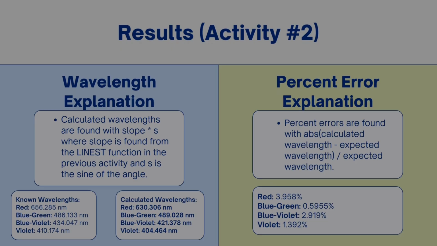Our calculated wavelengths were 630.306 nanometers for red, 489.028 nanometers for blue-green, 421.378 nanometers for blue-violet, and 404.464 nanometers for violet.